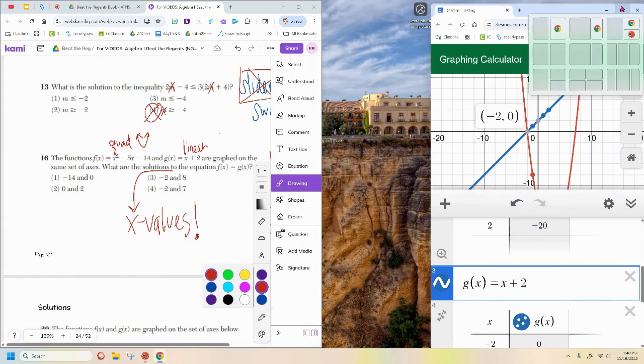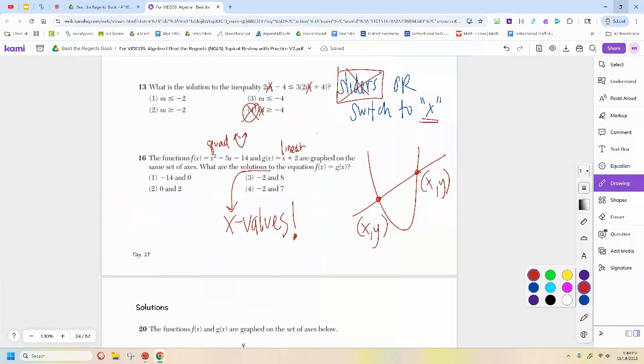So -2, 0, and 8, 10. So what happens is we can say f of -2 has the same output as g of -2.